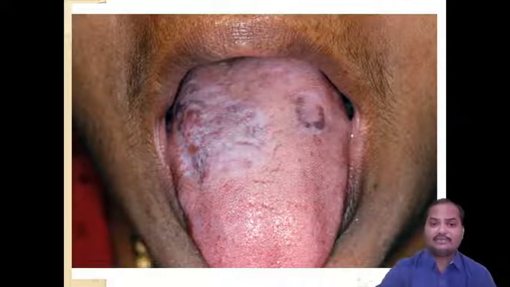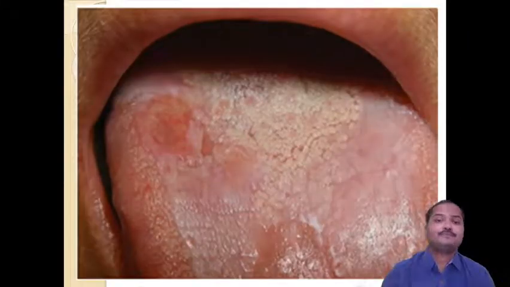Slight pigmentation may be seen in both the lesions, and some erosion can be seen on the right side. So this is a mixed type of lesion where lichen planus may manifest in multiple grades.